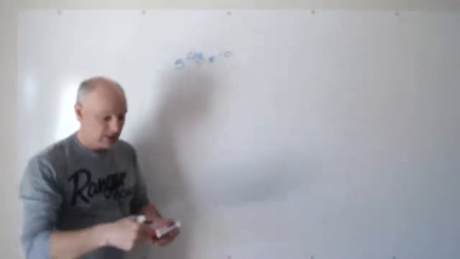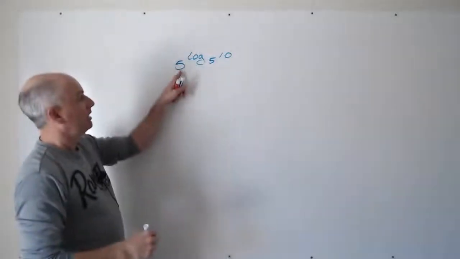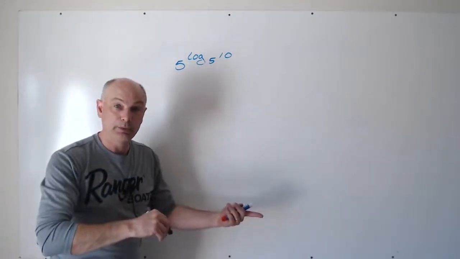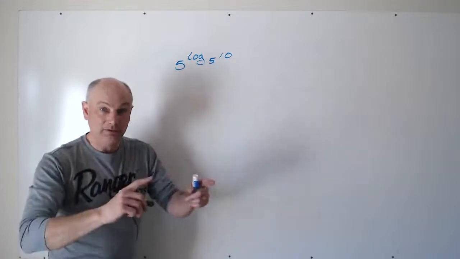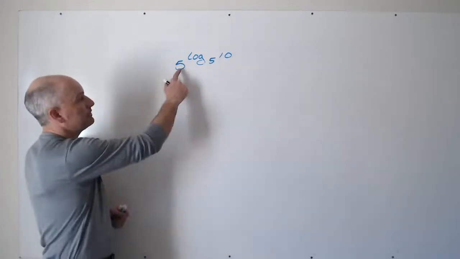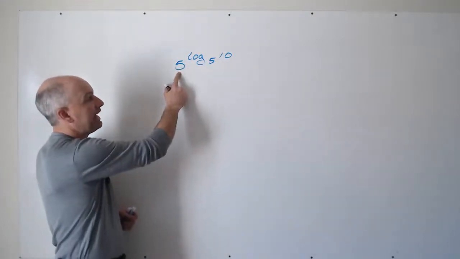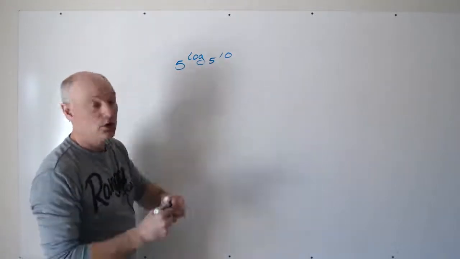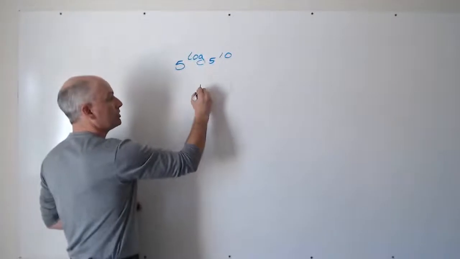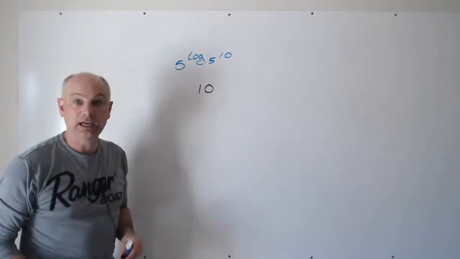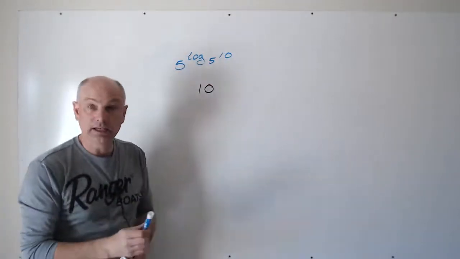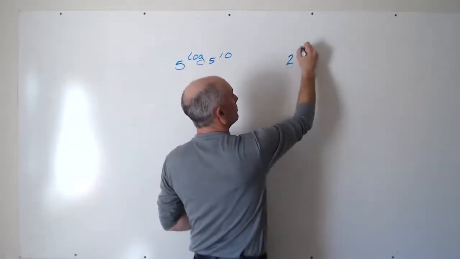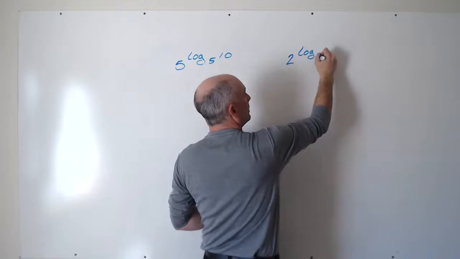Well, the same thing is going to happen here is that if an exponential will undo a logarithm will undo an exponential, they work back and forth. So what happens if I see 5 to the log base 5 of some value, what I'm going to get out of that is just the 10. Take a look at the next one. We have 2 to the log base 2 of 8x.